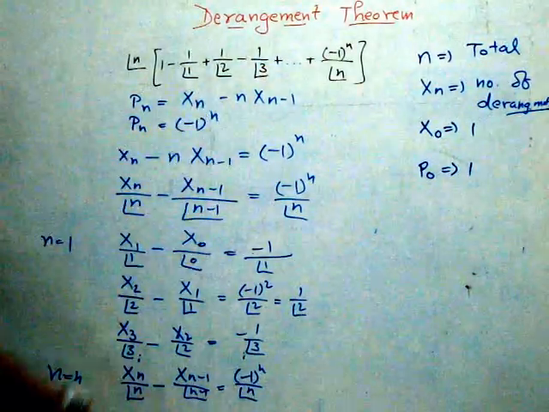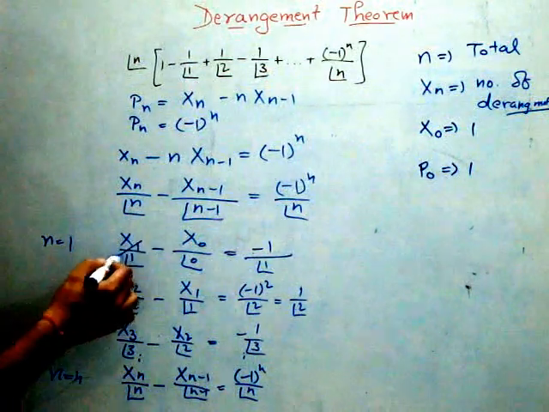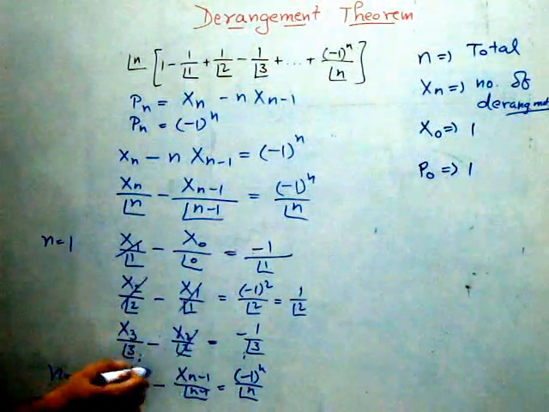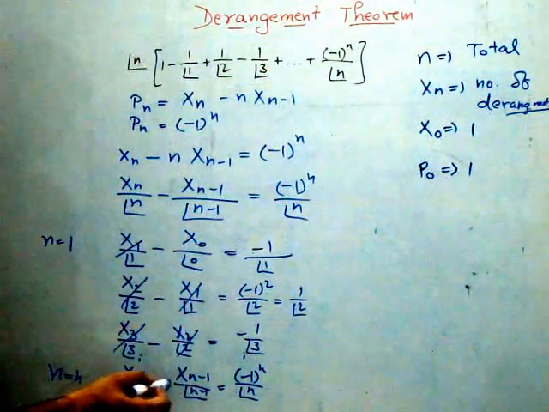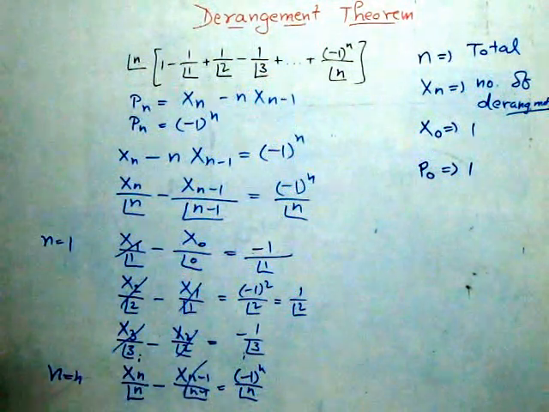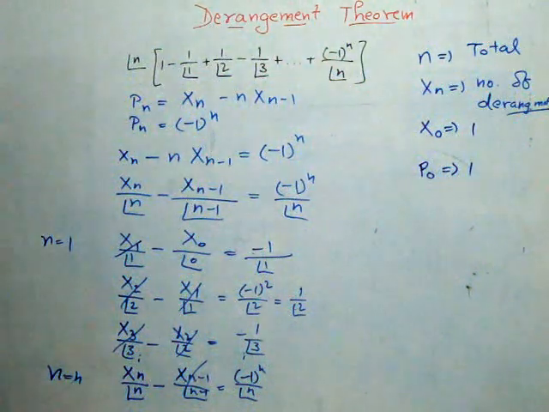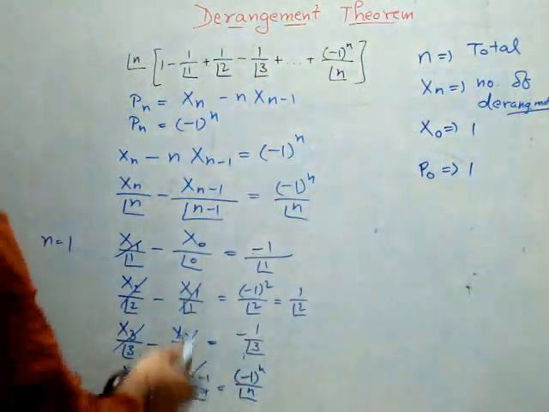Now if we sum all of them up, if we try to add them up, what will happen? This x1 will get cancelled here, x2 will get cancelled here, x3 will get cancelled in the next one. Similarly, finally, this thing will also be cancelled. So what are we going to be left with? Let's just write it down.